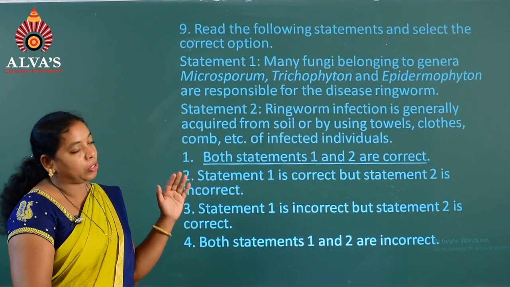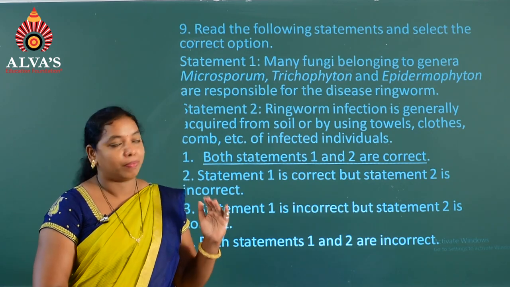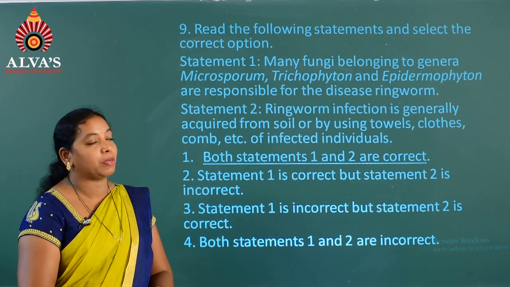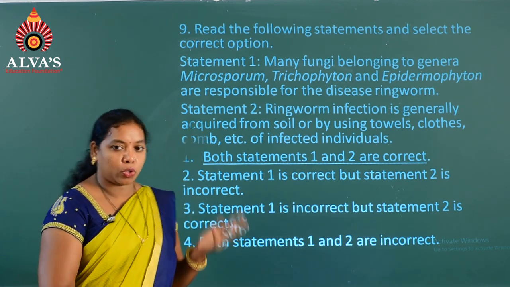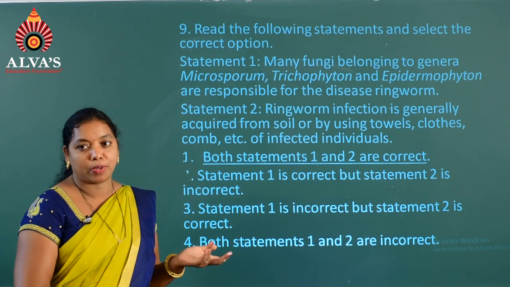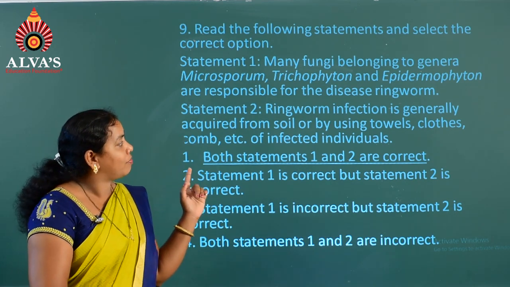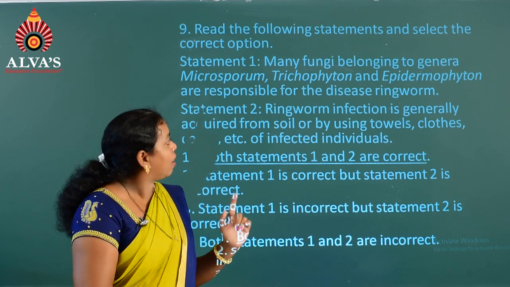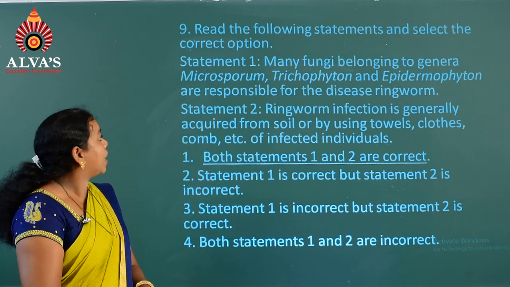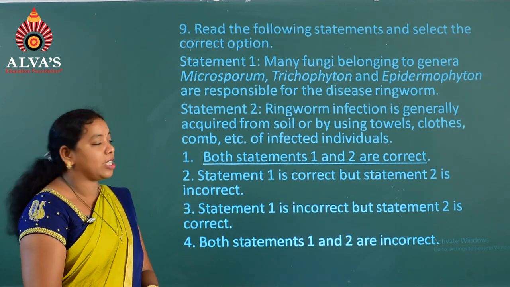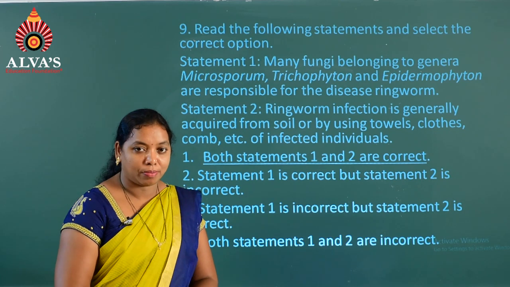So, this question is related to the ringworm infection, which is caused by fungal species called Microsporum, Trichophyton or Epidermophyton. Statement 1, that many fungi belonging to the genera Microsporum, Trichophyton and Epidermophyton are responsible for the disease ringworm, is true.